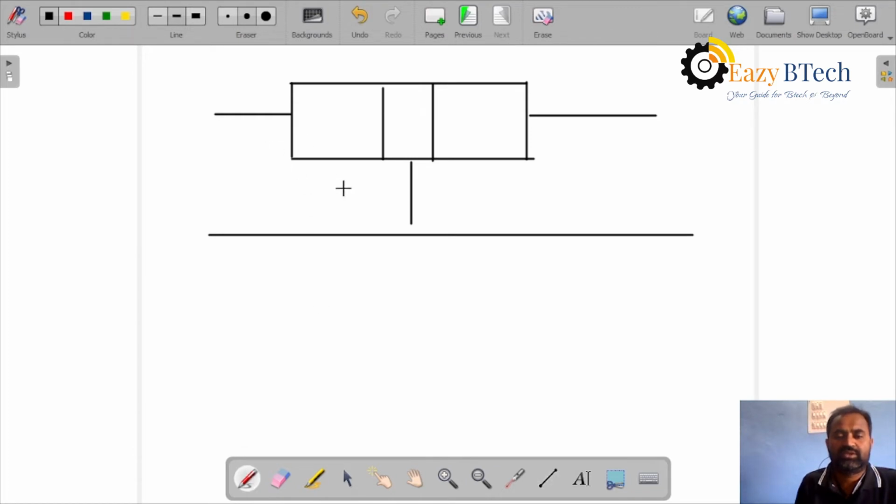Now you can see the junction is the JE junction, and the other junction is the JC junction.